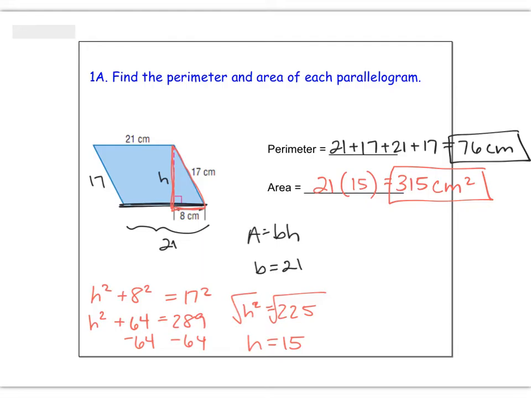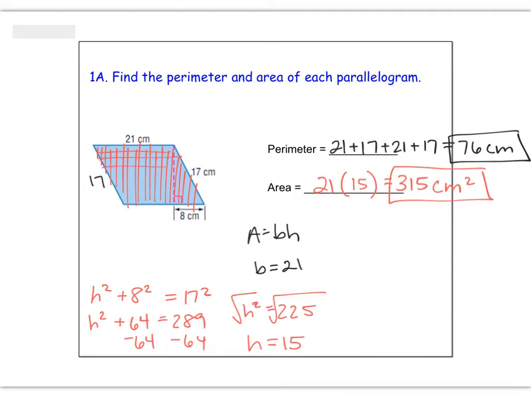Let me explain why the label is squared. Imagine I divide this into 21 different pieces up here. And then remember how it's 15 units high?